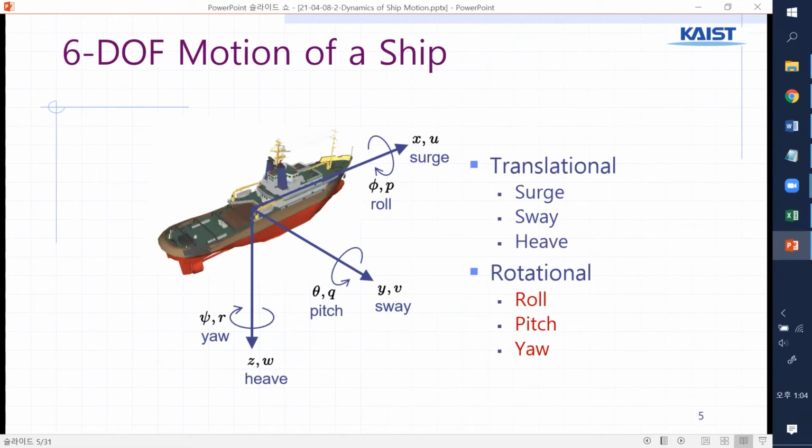So the 6 degrees of motion of a ship were already shown: 3 translational and 3 rotational. You see that the terminology is very special, especially surge and sway and heave and yaw.